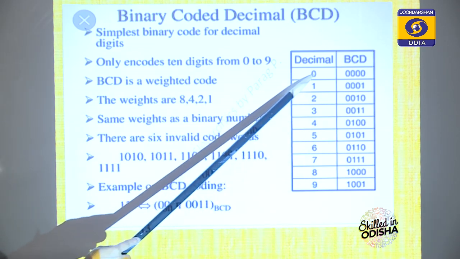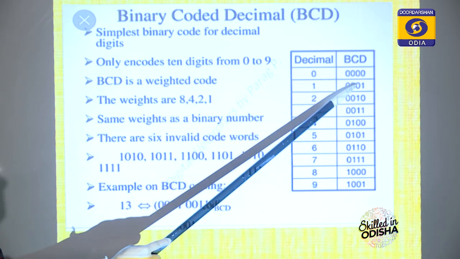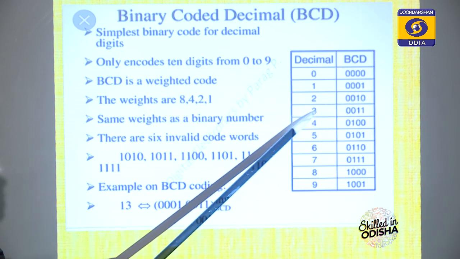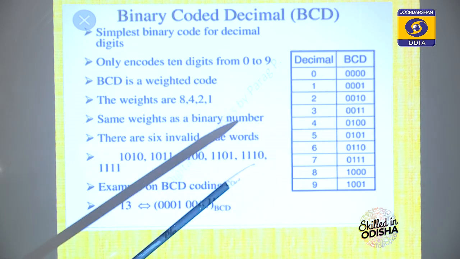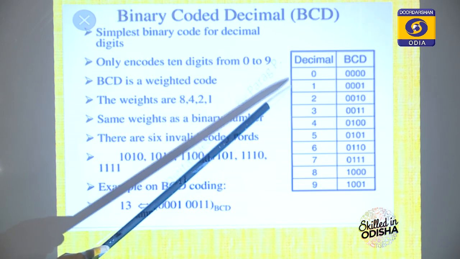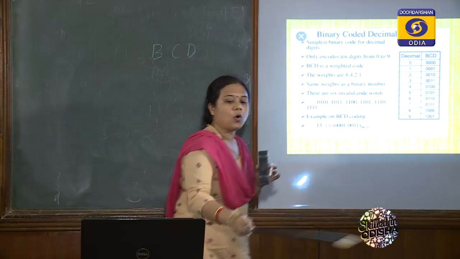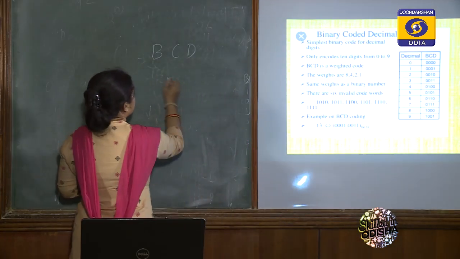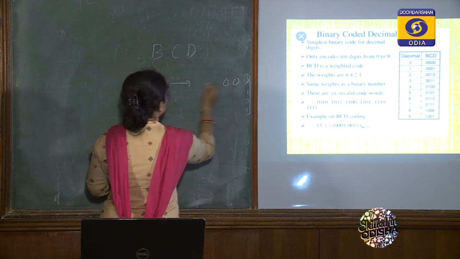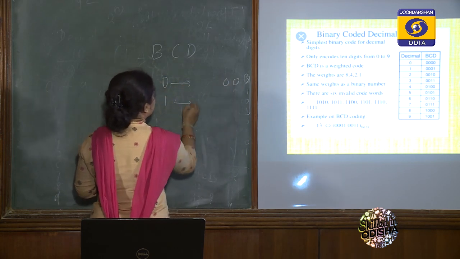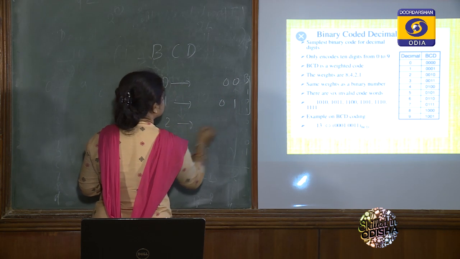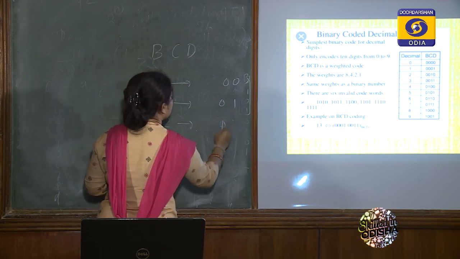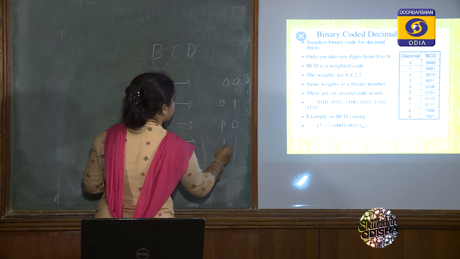We know that 0 is 00, 1 is 01, 2 is 10, 3 is 11. Here we have to represent by 4 bits, so 0 is 00, 1 is 01, 2 is 010, and 3 is 11.